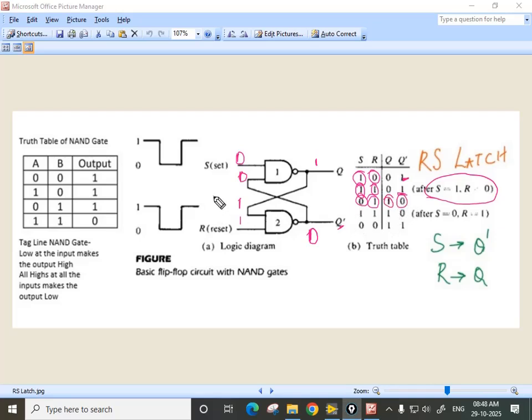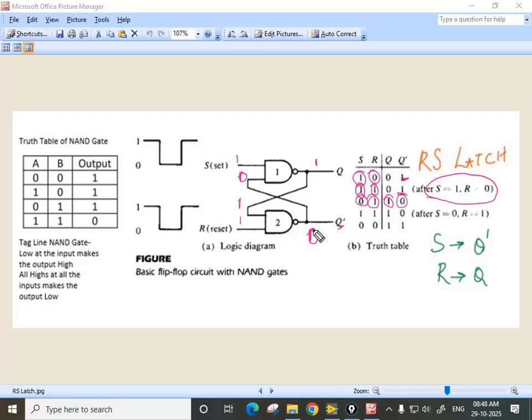Then the next condition is both 1 1, set and reset both 1. So we have to change S to 1. When we change S to 1, what will happen? A 1 0 at the input makes the output high, so 1 comes over here and is fed back.